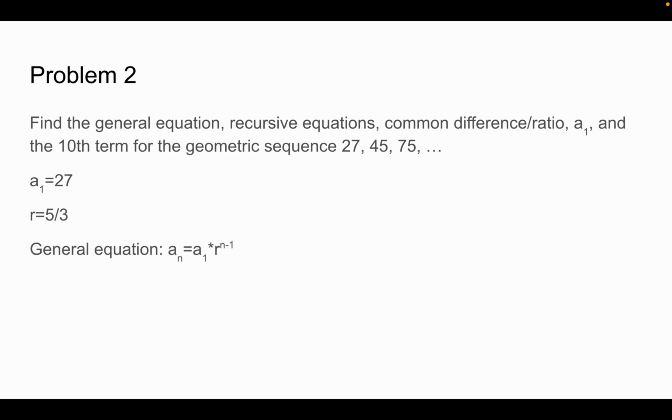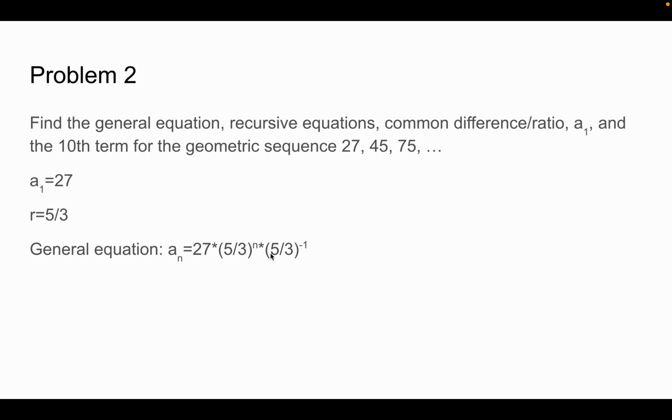Now we can find the general equation, just plug everything in. We can also distribute out the 5/3. If we ignore this part, 5/3 to the power of n minus 1 is the same thing as saying 5/3 to the power of n times 5/3 to the power of -1.